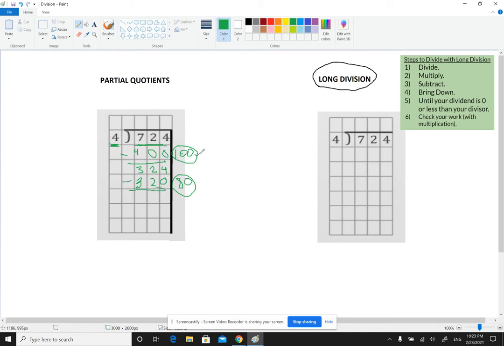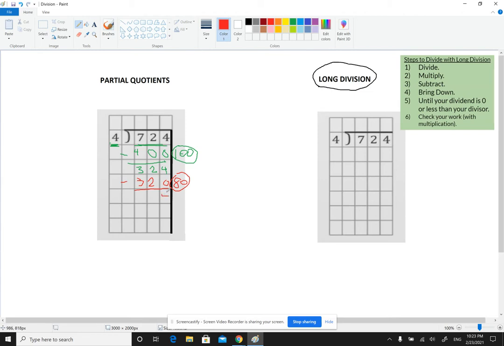So now I've taken 100 groups and now 80 groups. And I'm going to go ahead and put that in a different color. 80 groups of 4. And I'm going to subtract.